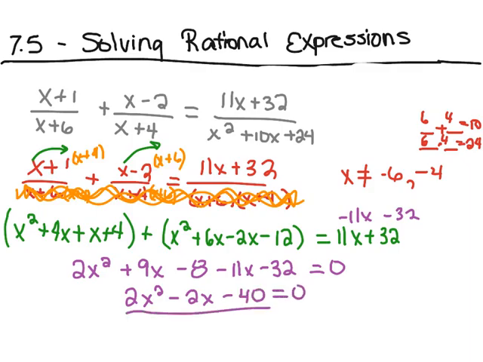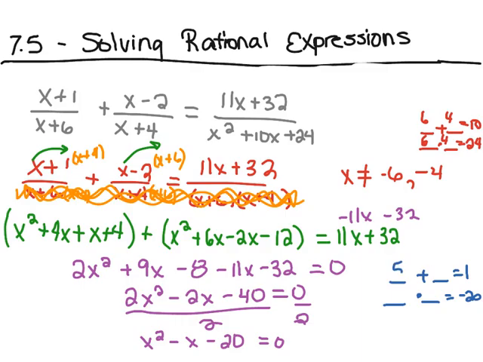We can divide everything by 2. So we have x squared minus x minus 20 is equal to 0. We want two numbers that add up to negative 1 and multiply to get negative 20. Those numbers are 4 and negative 5.